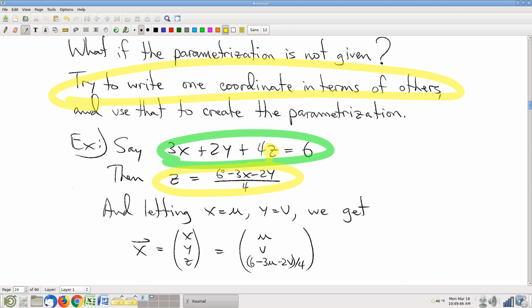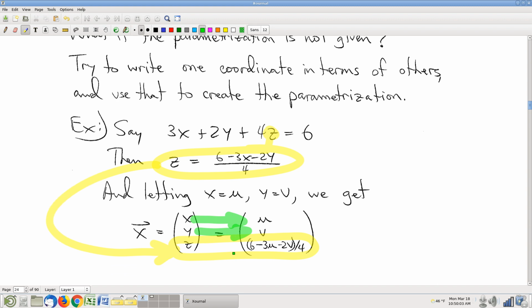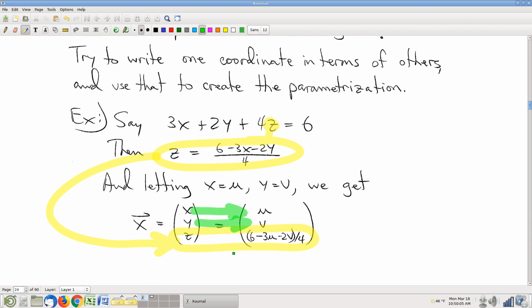Anyway, once you solve for z as a function of x and y, notice that tells you pretty much how to do your parameterization. That tells you what to make z if you just choose to let x and y be your new parameters, u and v. It makes for a really easy punchline there. Let x and y be whatever you want, u and v.